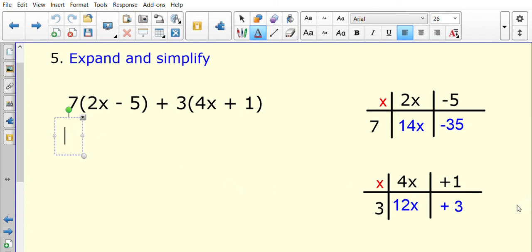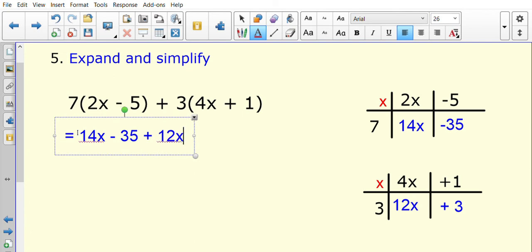So the first bracket was equal to 14x minus 35, and then my second bracket is plus 12x plus 3. Remember to gather like terms, so I've got some x's here and x's here.